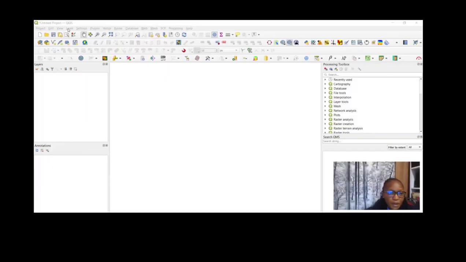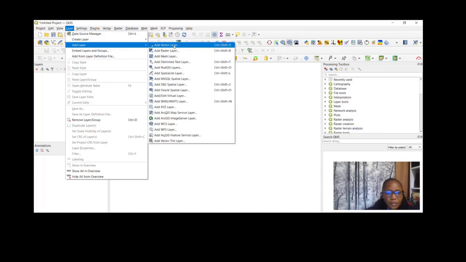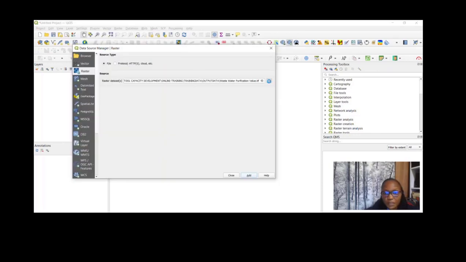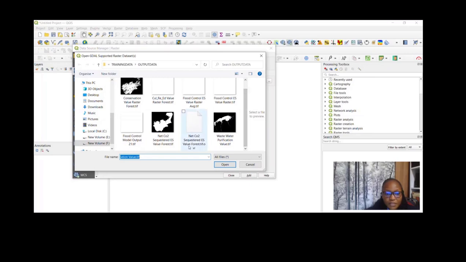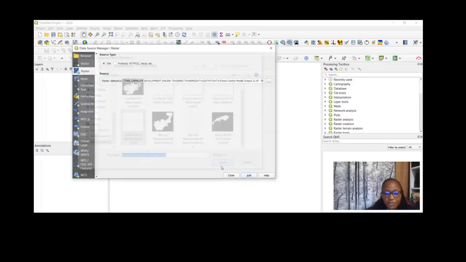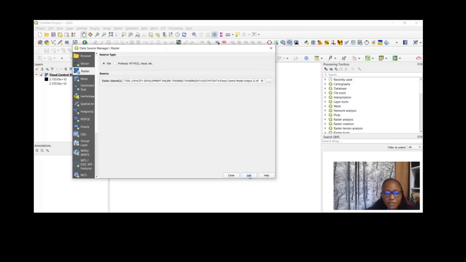So we open our flood control output, which should be Kariba Dam, with all the values assigned onto it. We'll have the same value for every pixel on Kariba Dam. So we have the flood control model output 21. That is what you're supposed to load.